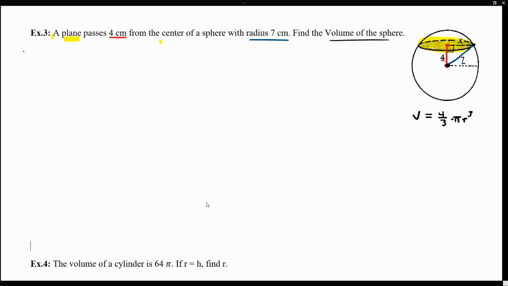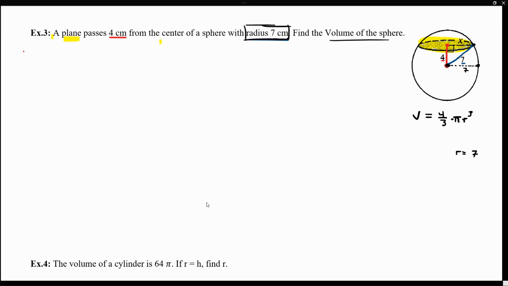But since this distance is 7, and a sphere is a collection of points that are equidistant, the distance from this point to the center should also be 7. So therefore, we can say that the radius of this sphere is 7.